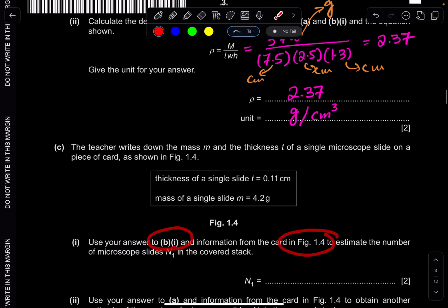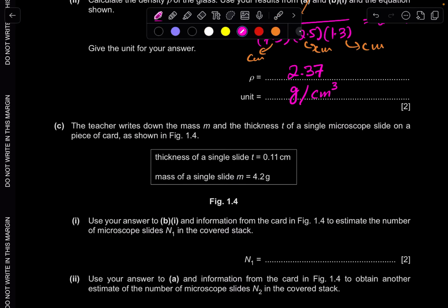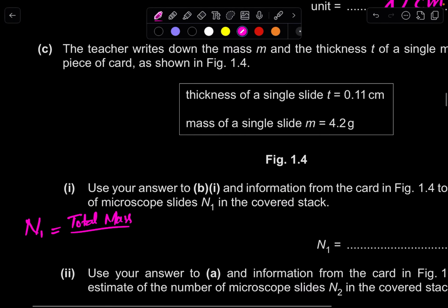And what he is telling us here is the mass of a single slide. We have to find the number of slides. So for this purpose, N1 can be total mass divided by mass of one slide. Mass of a single slide can give us the number of slides, right?